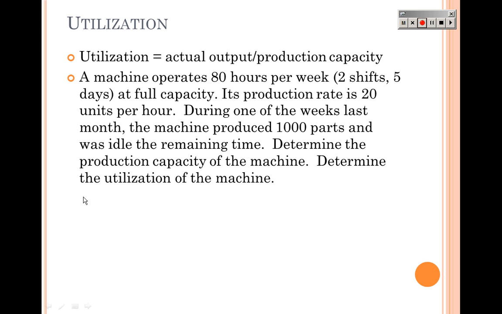So its utilization, which we abbreviate capital U, is equal to 1,000 units per week divided by 1,600 units per week.